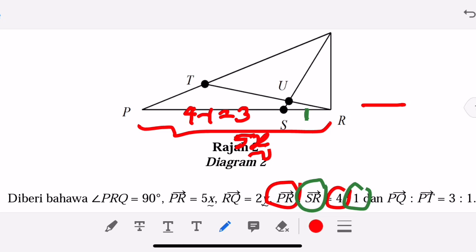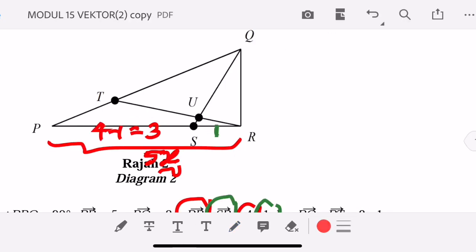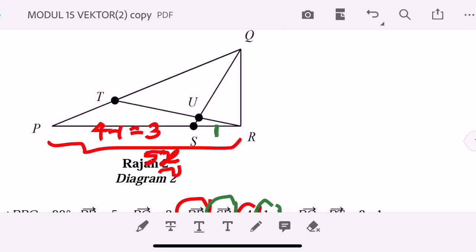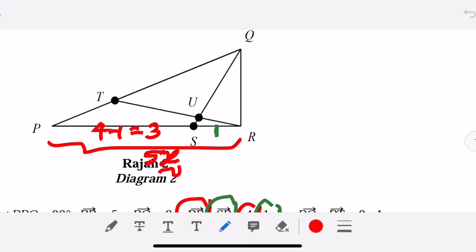So basically when you see the vector, you must understand the concept of the ratio. Alright, so PR is given the magnitude of 5 vector x. Okay, I draw the line PR. For this line you will have 4 portions.